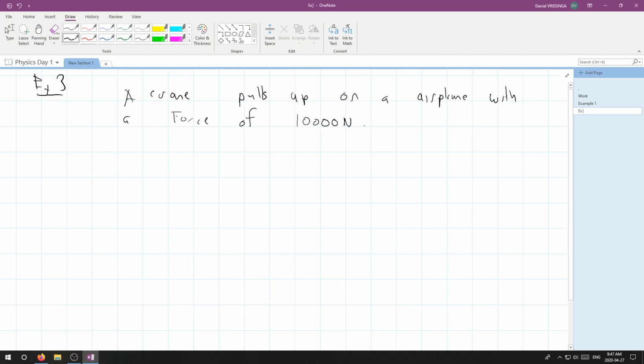Just making all these numbers up. The plane only moves, this is a really bad example, horizontally. Maybe it's moving a little bit with the wind or something. 10 meters, right?